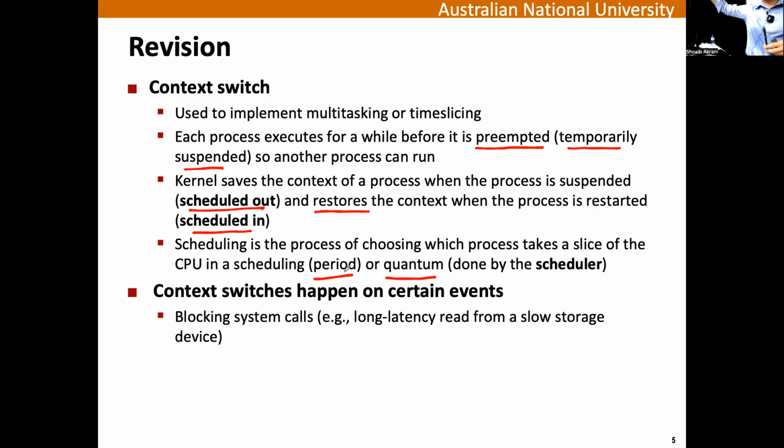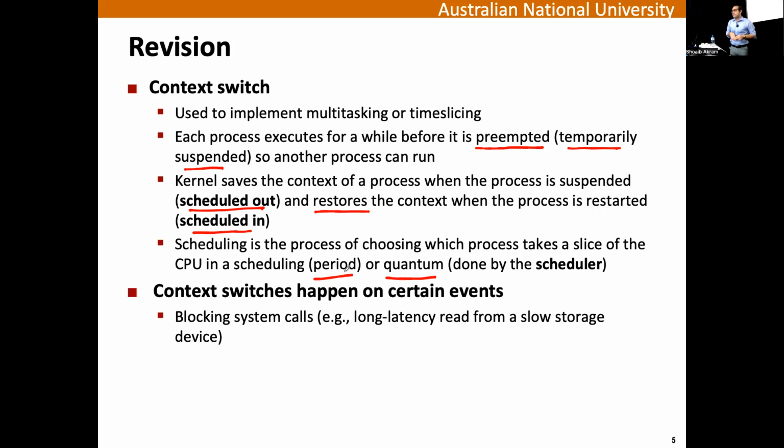Disks are really, really slow. A few milliseconds versus a few nanoseconds. That's a huge difference in latency. So the kernel decides, hey, this process is going to wait a really long time. It's a system call. Let me bring a different process in. So this is how context switches take place. Different operating systems and different kernels use different policies. This is one way to think about it.